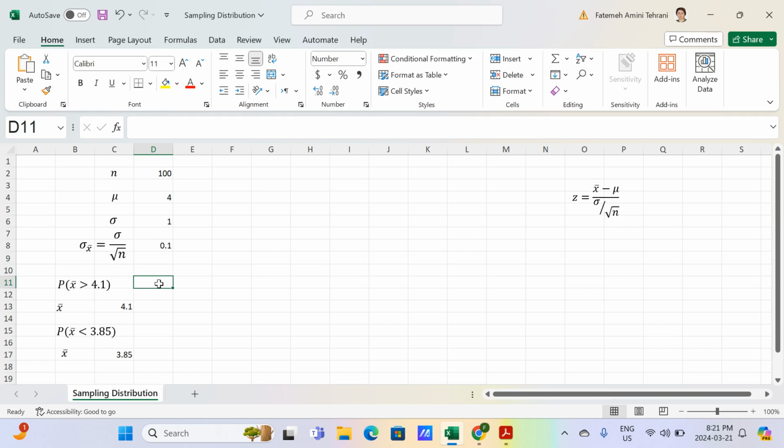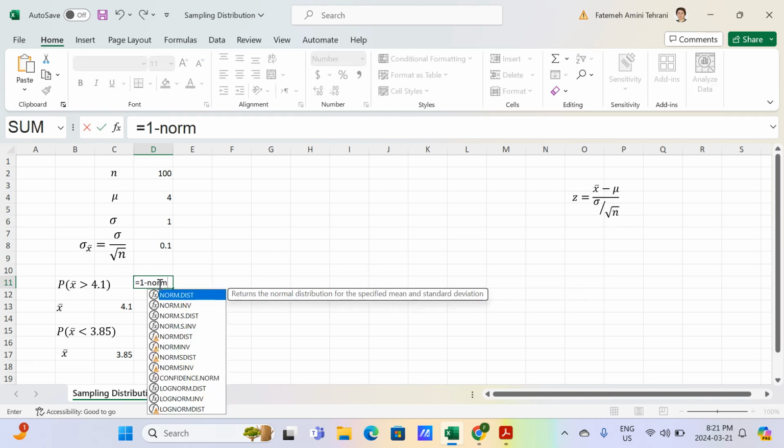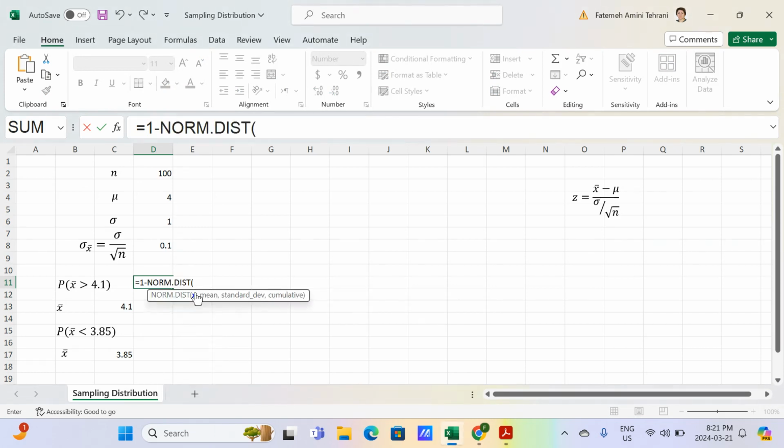So now we can find this probability. So 1 minus norm distribution. Because I'm working with x bar directly, I'm going to use norm distribution. So x bar is 4.1. Mean is exactly equal to the population mean, but the standard deviation of x bar is sigma x bar, sigma over square root of n, this number.